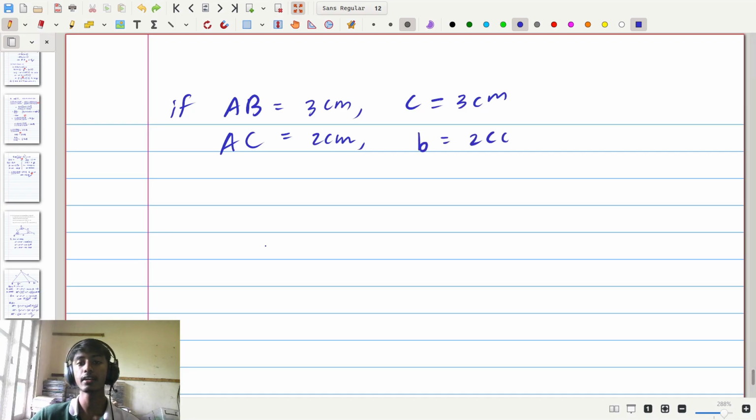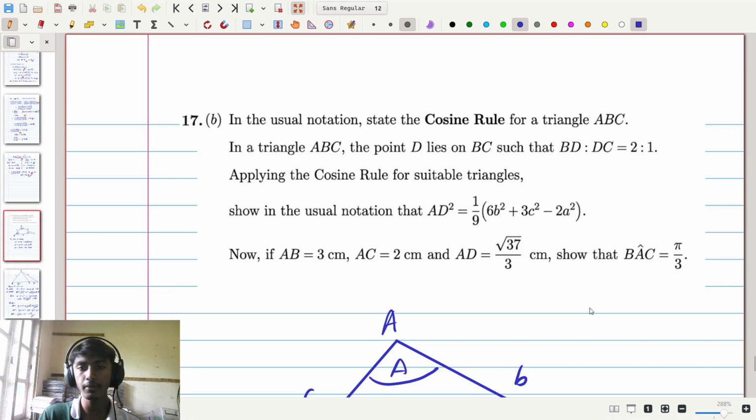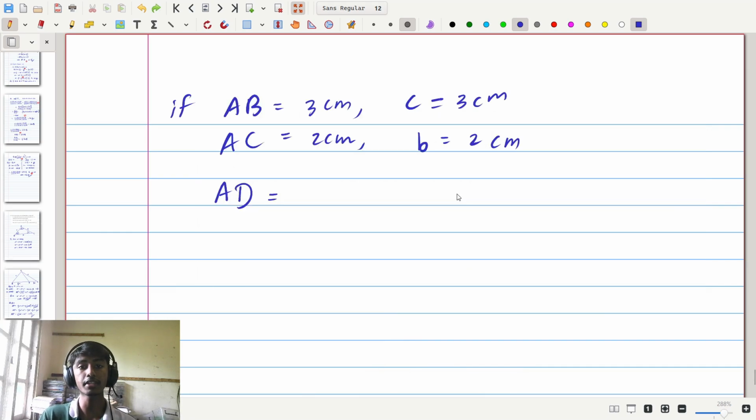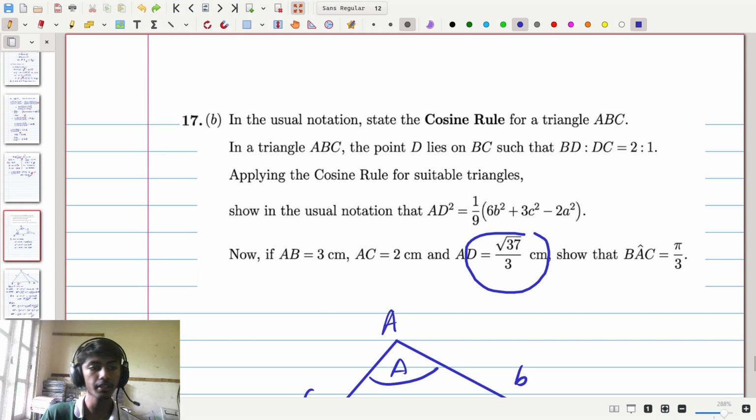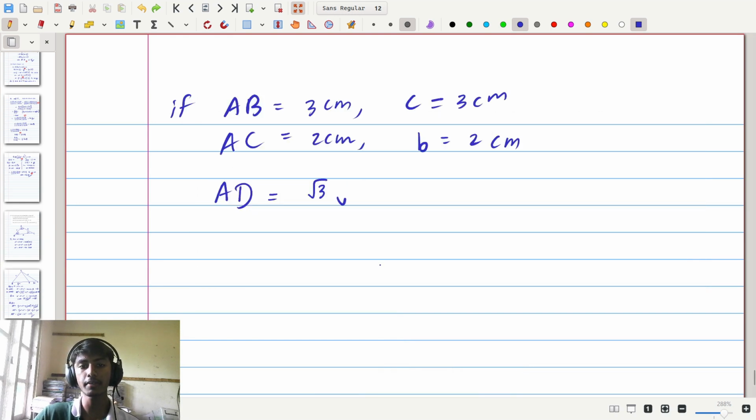Now finally, AD is equal to root 37 over 3 centimeters, so we substitute root 37 over 3 centimeters.